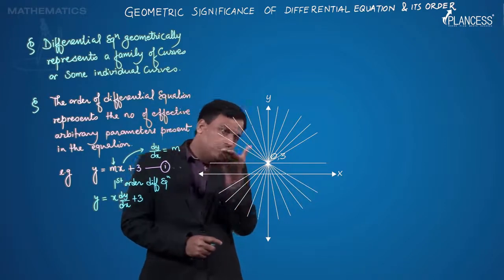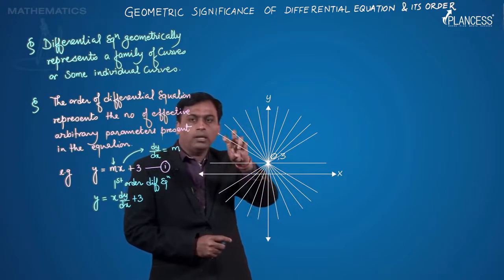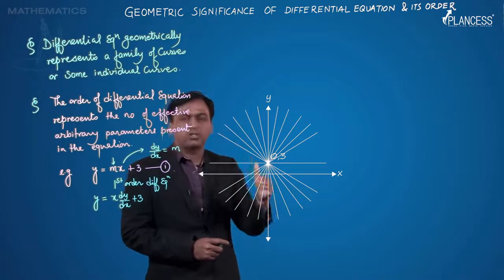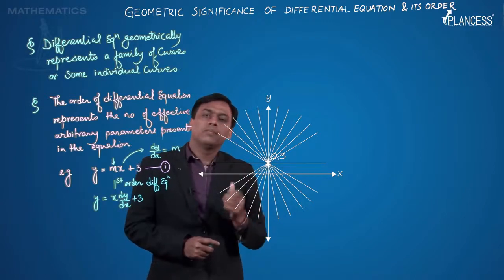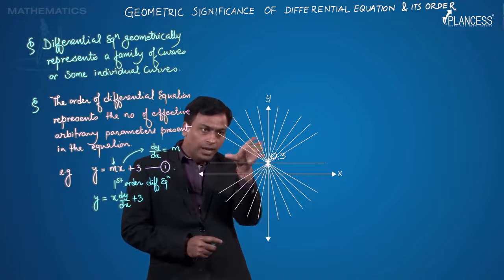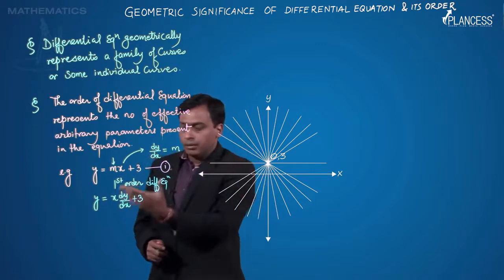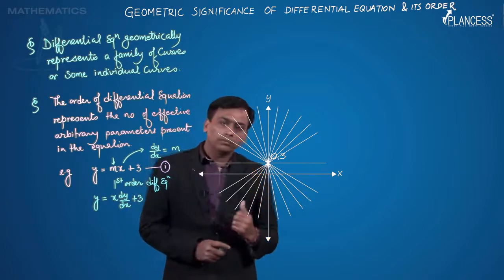That means we are actually rotating this straight line passing through 0, 3 in either clockwise or anti-clockwise direction. For various values of the slope, we are going to get an infinite number of straight lines passing through 0, 3. So this infinite number of straight lines is represented by this differential equation y equals x dy by dx plus 3.